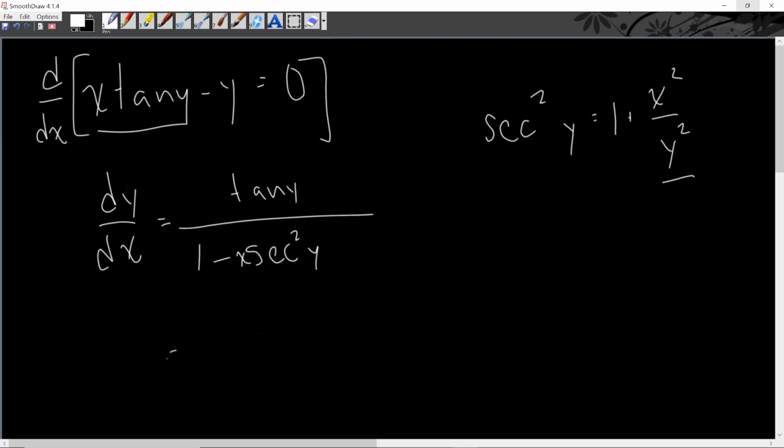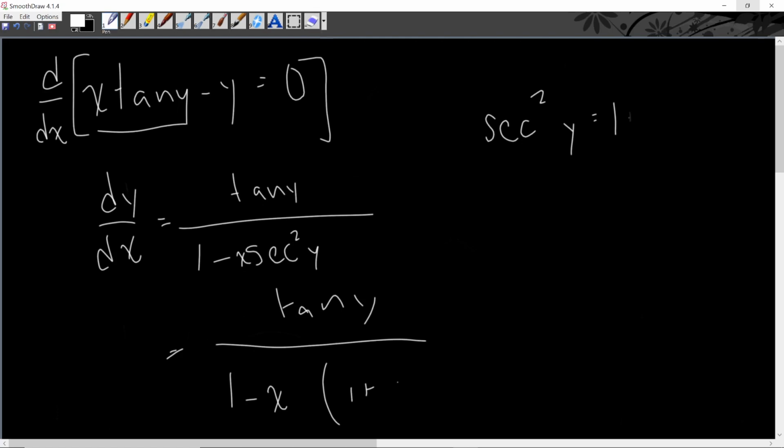So we have tangent y over 1 minus x secant, or not secant, because we just changed that to 1 plus, it's not x squared over y squared, it's y over x. So 1 plus y squared over x squared. So we have 1 plus y squared over x squared down there.